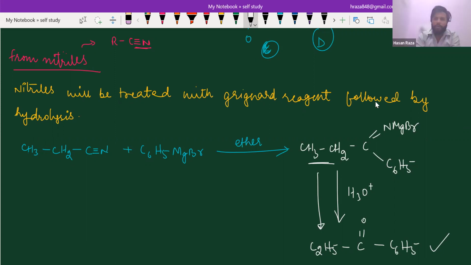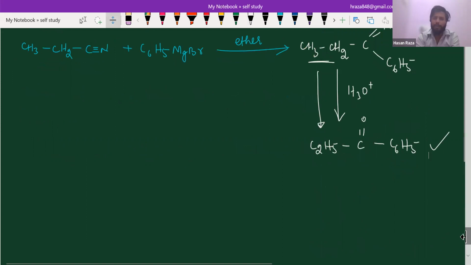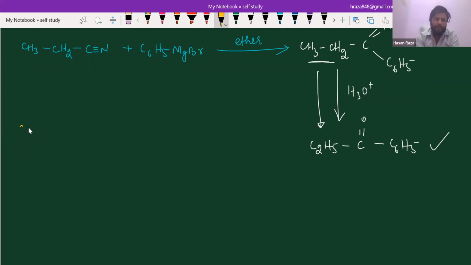Okay. So I'm going to explain the reaction so that you will be able to solve this type of question. I'm going to write it again. See, there is CH3, there is CH2, and then there will be C triple bond N. In this compound, every element is satisfied with their bonds.